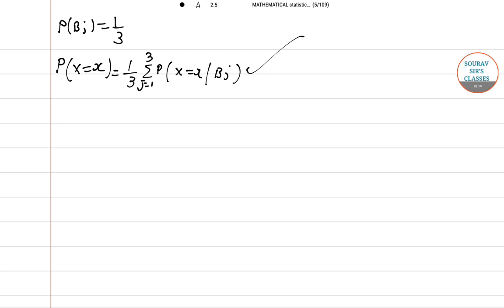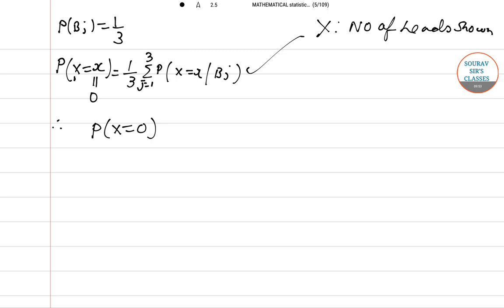When x equals 0, it basically means when there is no head. So we'll write down probability x equals 0, that is when there is no head. We have to remember this: X is the number of heads shown, how many times the head is shown.